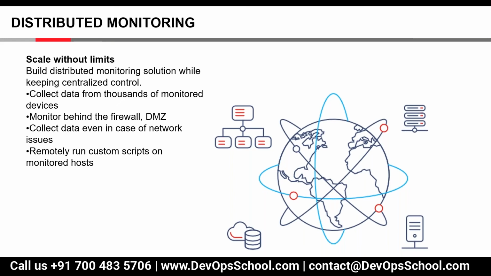If you have a firewall in which the agent is not directly connecting to the server, we can create this architecture and monitor those devices as well. So for multiple networks, we can use a proxy.